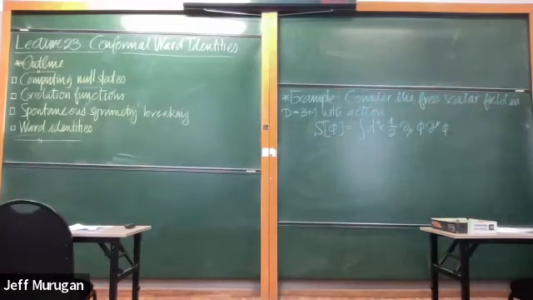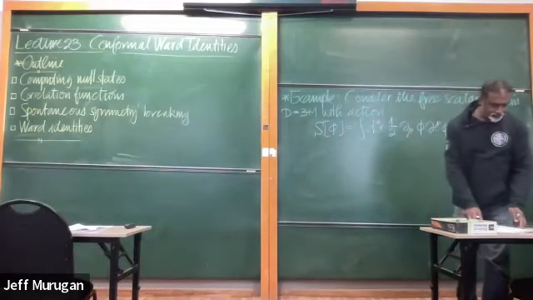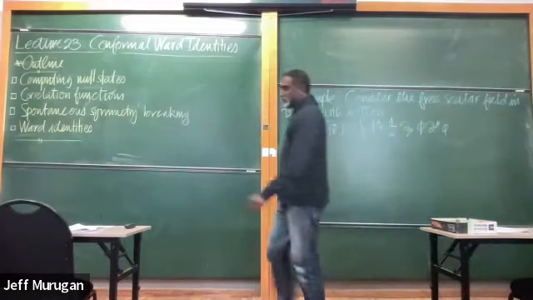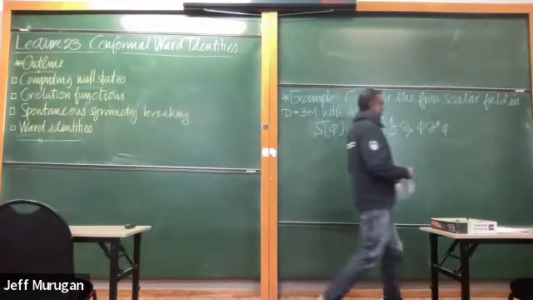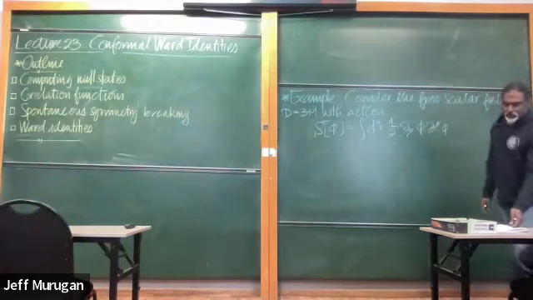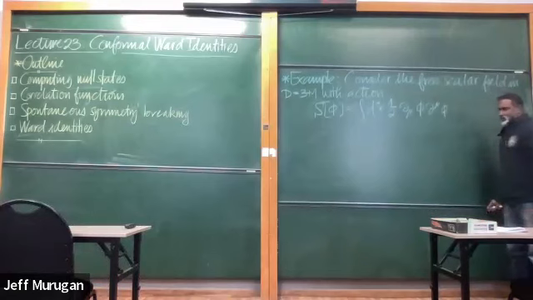It's a free theory. And in addition, I'm going to assume that this field phi is massless. Okay, I just want to make a point here. We're not doing anything that's particularly physical. So consider this theory.